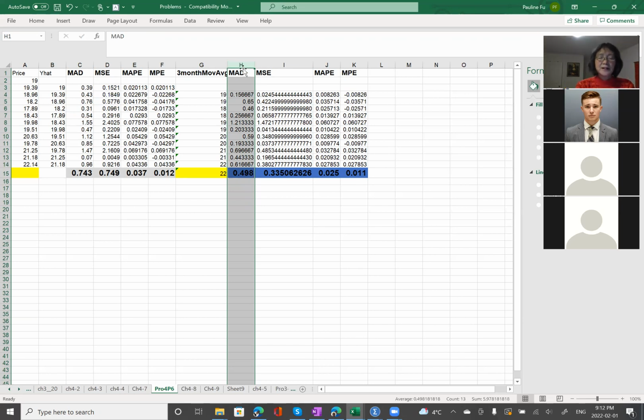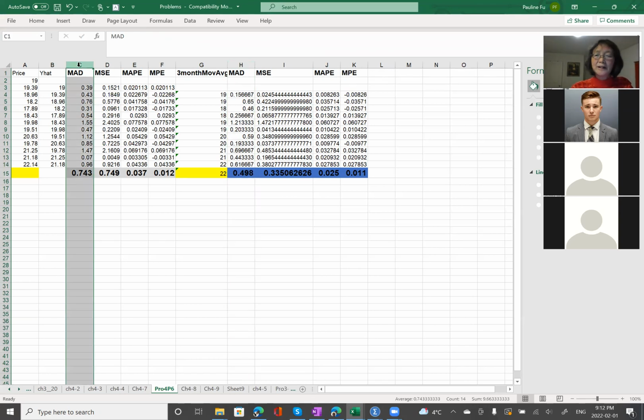Good question. If you don't make a comparison, you just do the naive, is there any meaning for MAD? The answer is yes. The meaning for MAD is that it measures the forecasting error, the accuracy of your forecasting. Okay, it has meaning, because we are giving four different measurements. Can you measure this forecast error using MAD? Yes. What is the result? The result is 0.7.